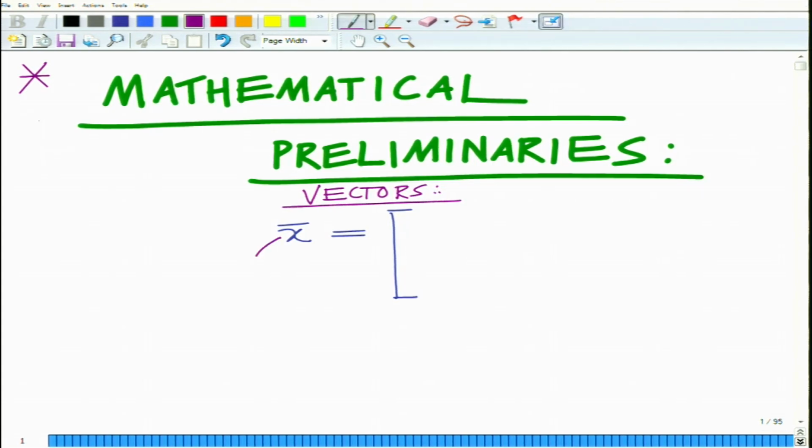A vector x bar is an n-dimensional object which contains n components. These are the elements. So, this is your n-dimensional vector, which contains n elements.